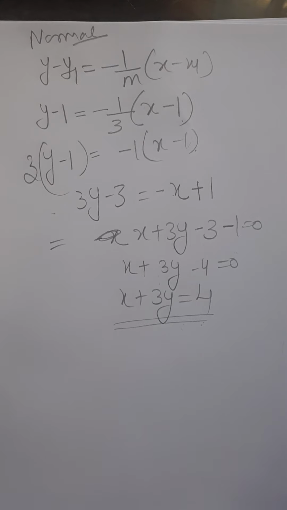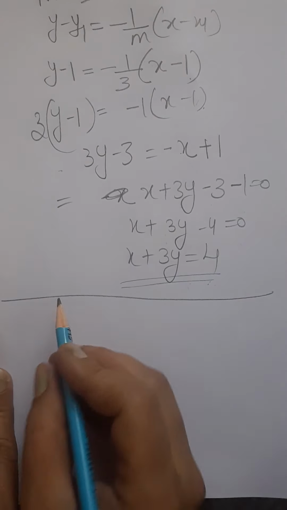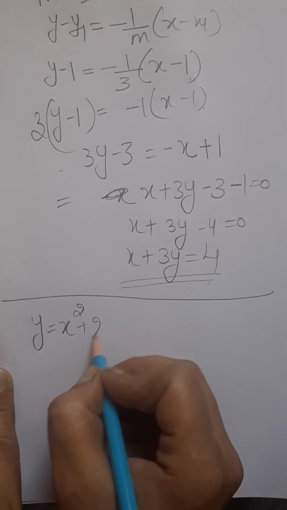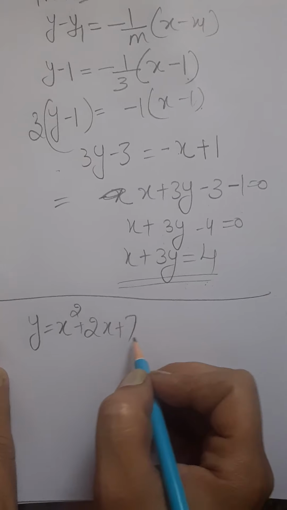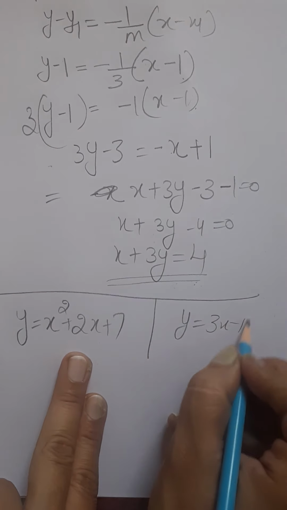Now we have some other conditions of tangents and normals. For example, suppose we have two curves, y is equal to x square plus 2x plus 7, and y is equal to 3x minus 11.